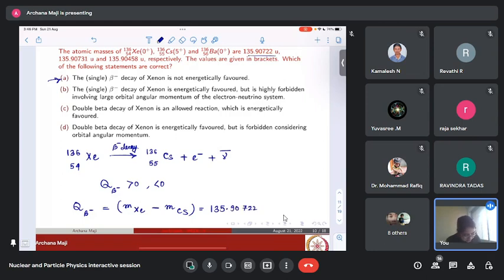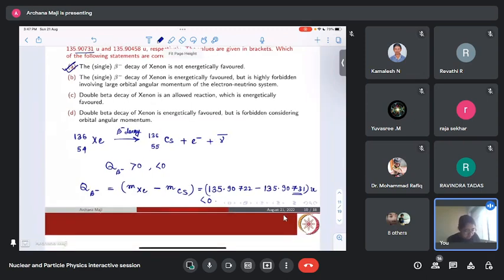Just by looking at these values also you can see whether it is greater than 0 or less than 0. So this is less than 0, so that means it is not energetically favored. So option A is correct.